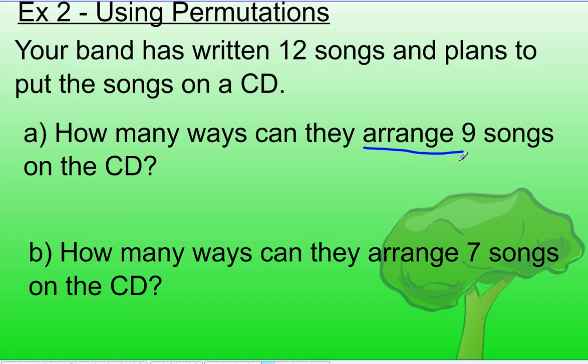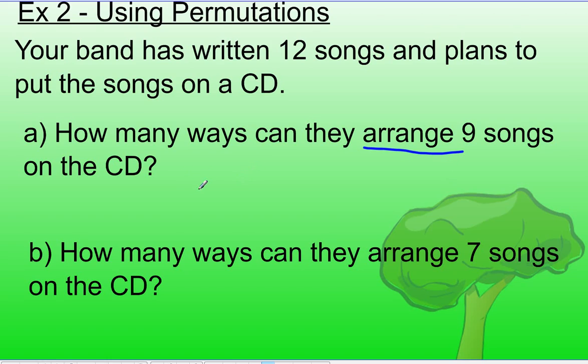What song comes first? What song comes second? If you were just trying to pick some songs, that's a completely different problem, which will be the very next lesson. But if you're putting them in a specific order on the CD, this song comes first, this song comes second, that's a permutation.